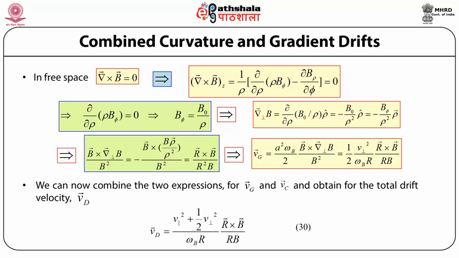Now we can combine the two expressions for Vg and Vc and obtain the total drift velocity Vd equals (v parallel square plus half v perpendicular square) by omega b r into r vector cross B vector by r B.